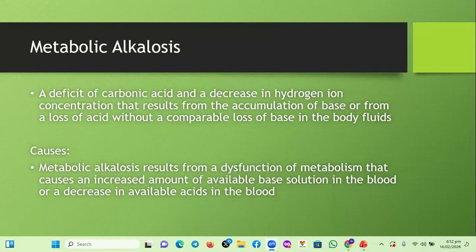Causes of metabolic alkalosis result from a dysfunction of metabolism that causes an increased amount of available base in the blood, or a decrease in the available acid in the blood.